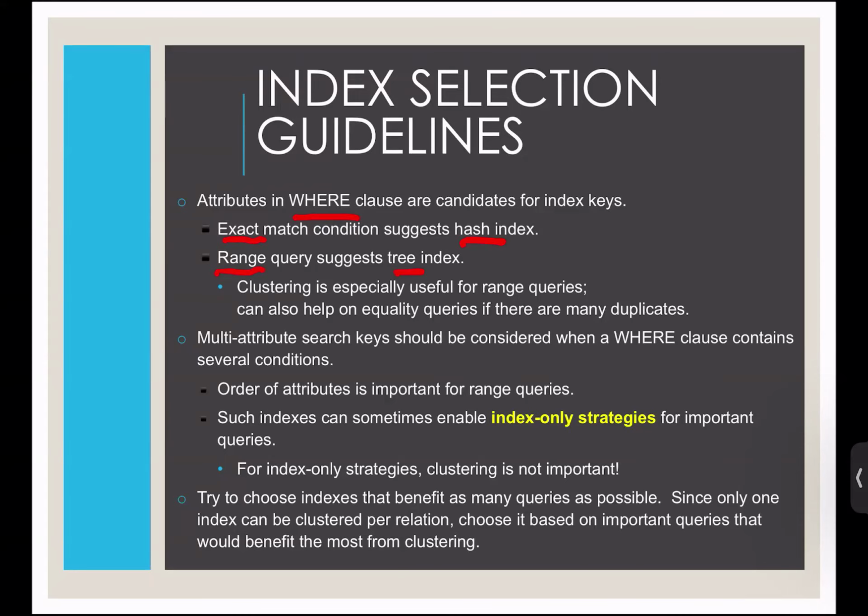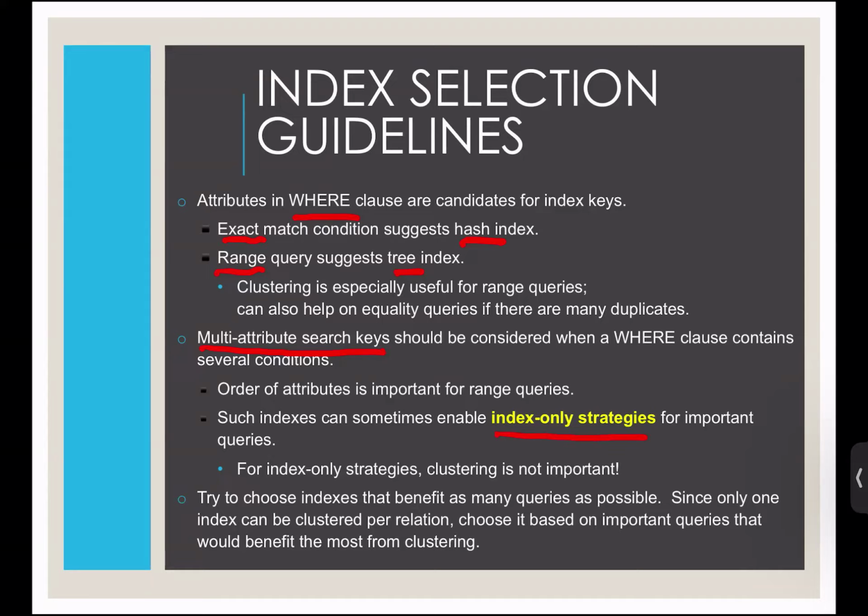Okay, and multi-attribute search keys. Well, sometimes when we have a lot of conditions, we may be able to use the index-only strategy. Instead of having to read the real data record from the file every time, we can just look at the index structure, and it's good enough to answer those queries without accessing the IO at all.